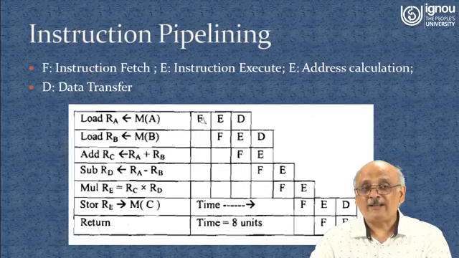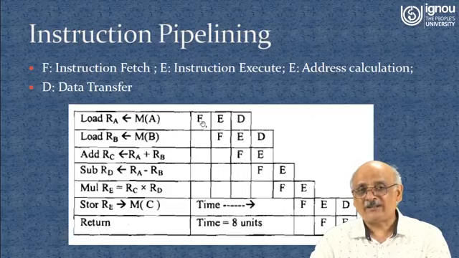Why? Because when the fetching has already been done for this particular instruction, this unit is no longer required. This instruction has moved to execution of address calculation, so it will be moving to this particular place. So this unit is free, and we start with the next fetch.